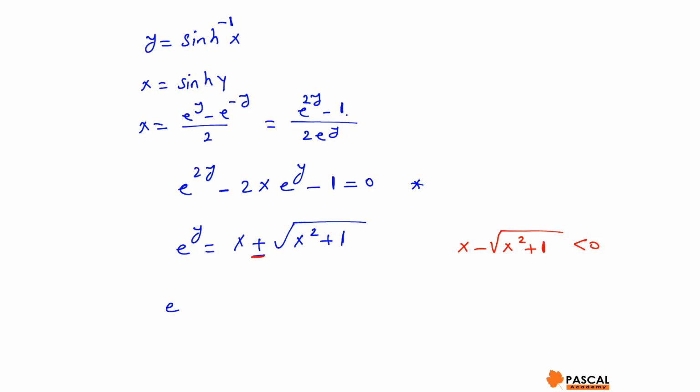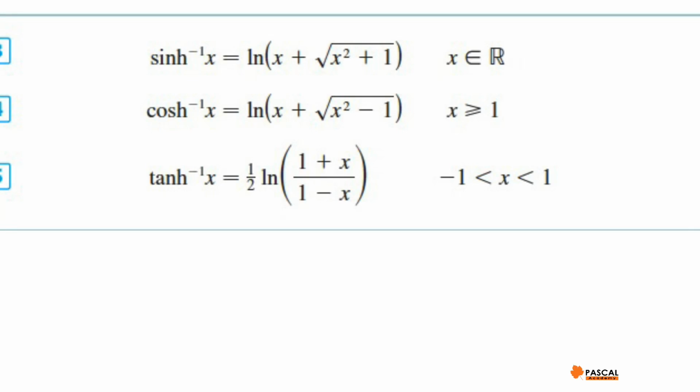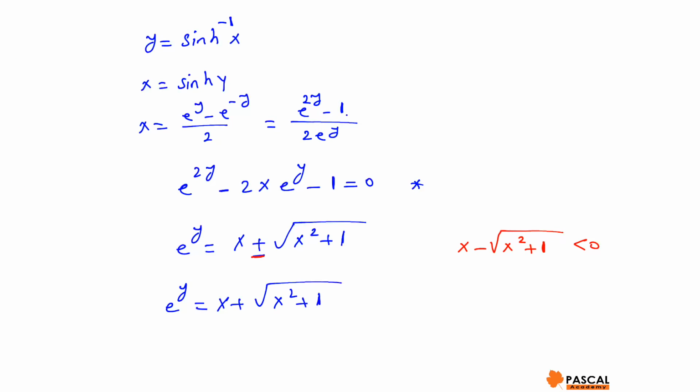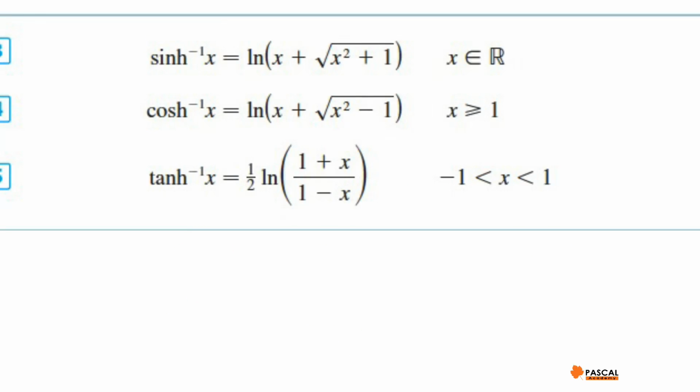This means e^y is x plus square root of x^2 plus 1. Therefore, y is ln of x plus square root of x^2 plus 1. In other words, sinh inverse of x is ln of x plus square root of x^2 plus 1 when x is a real number.